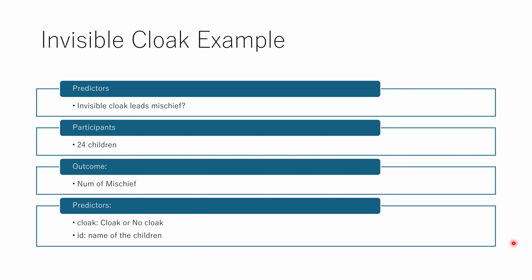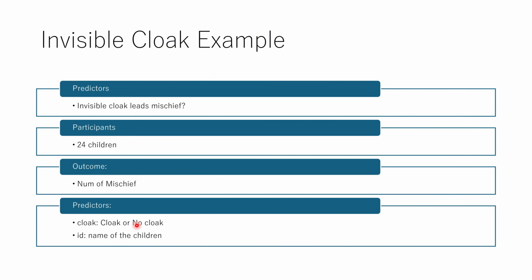Okay, next we analyze a real dataset. I'm not sure if it's real or not, but let's go to the practice session. We will analyze a toy dataset of 24 children. The outcome is the mischief score, and the group variable is whether each child has a cloak or no cloak.